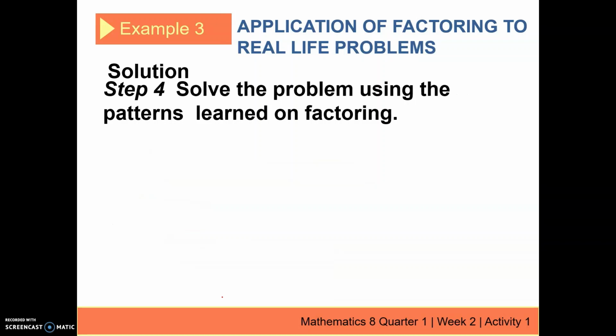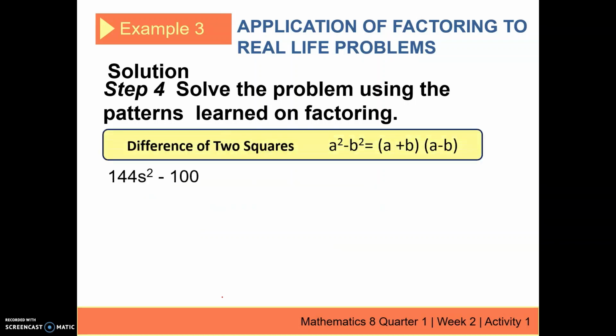Proceeding to step 4, let's solve the problem using the pattern learned on factoring. Applying the difference of two squares, we get a first. a is just the square root of the first term. What is the square root of 144s squared? It's 12s. And let's get b, the square root of the second term, which is 100, and the square root of 100 is 10.